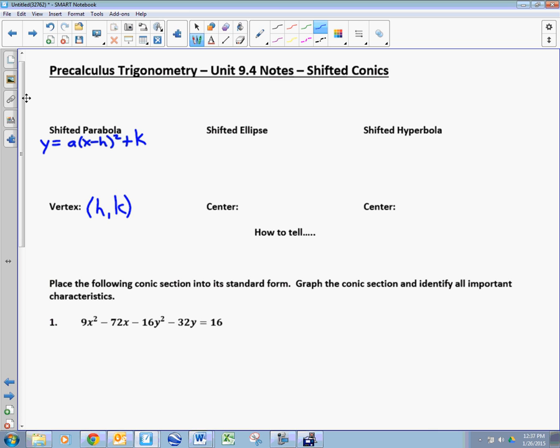Does this parabola go up and down or left and right? Up and down. Why? This is y equals. Here is the other form: x equals a times (y minus k) quantity squared plus h.